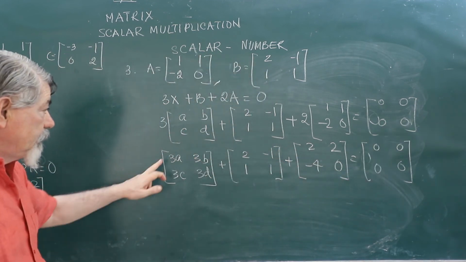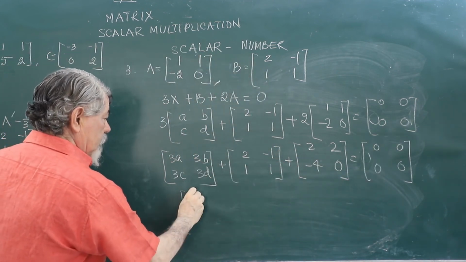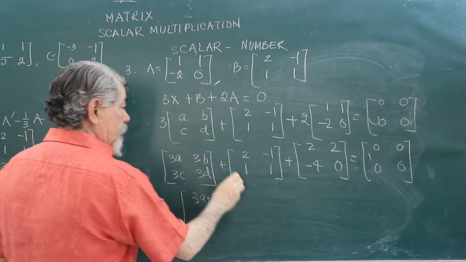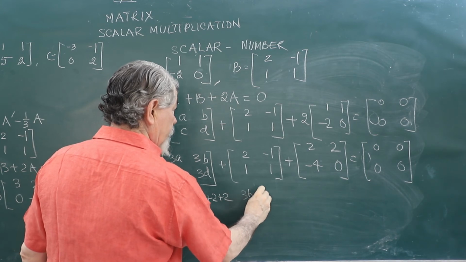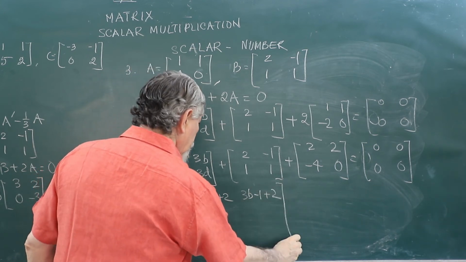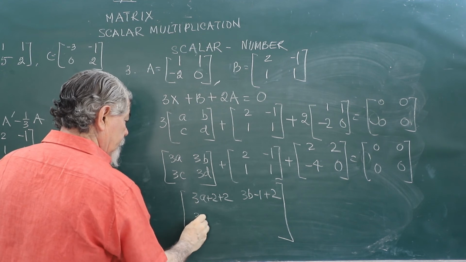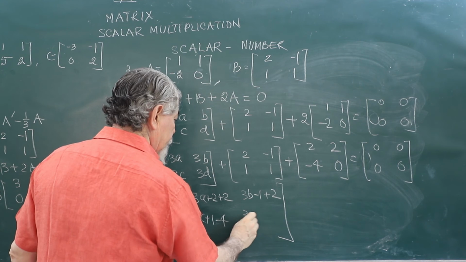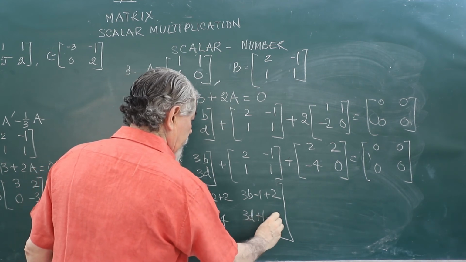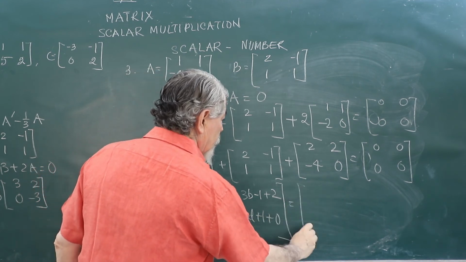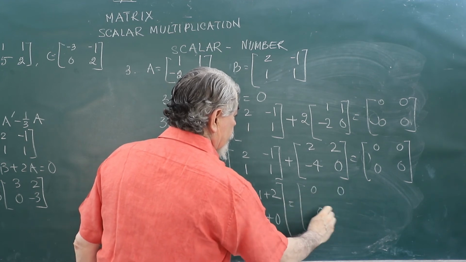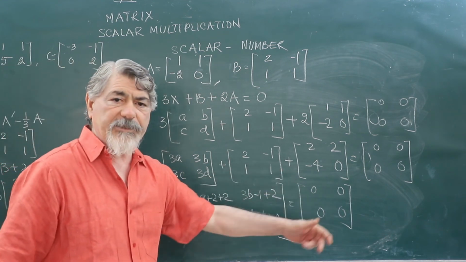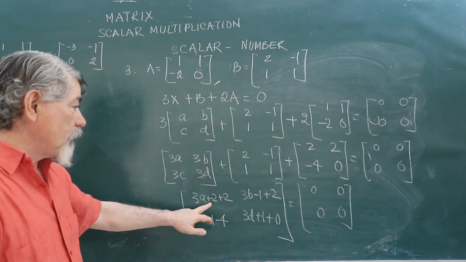Now let us add: 3a plus 2 plus 2, 3b minus 1 plus 2, 3c plus 1 minus 4, 3d plus 1 plus 0, equals [0, 0; 0, 0], because a matrix can be equal to a matrix only. So let us find out.